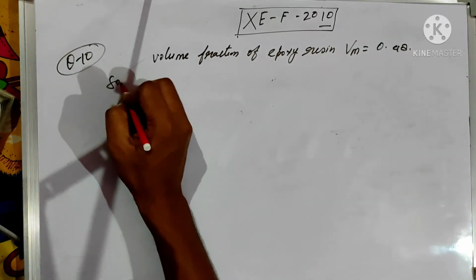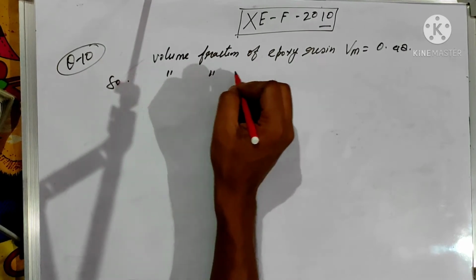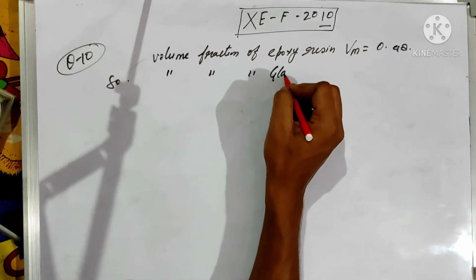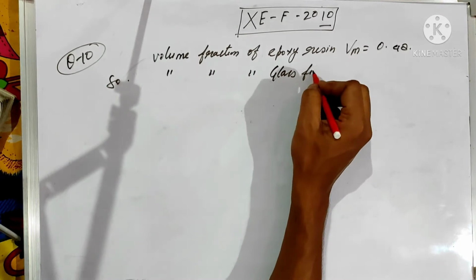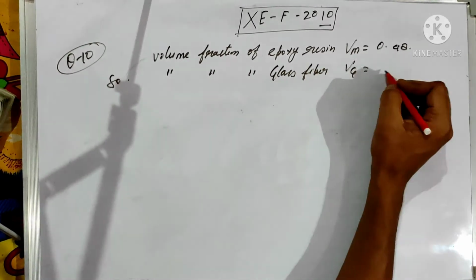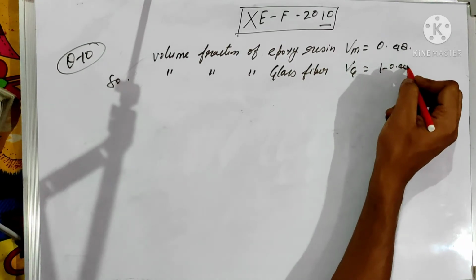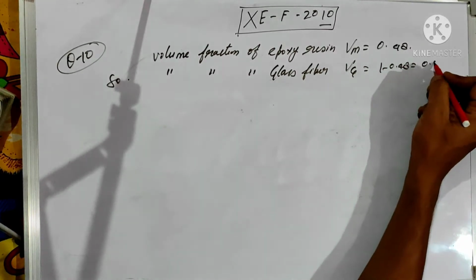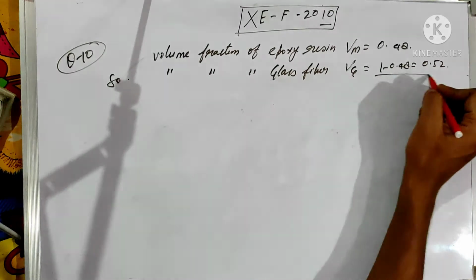So the volume fraction of glass fiber Vg is equal to 1 minus 0.48, which is equal to 0.52.